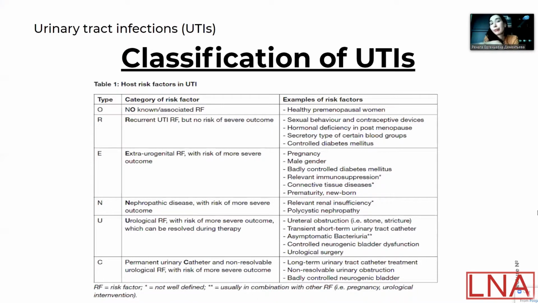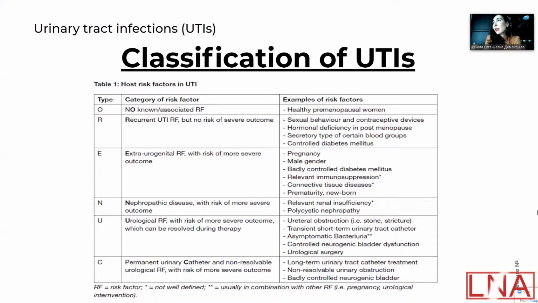premenopausal women. These are recurrent urinary tract infection risk factors, but not risk factors for severe outcomes of this infection. R: sexual behavior and contraceptive devices, hormonal deficiency in postmenopause, deficiency of estrogen in postmenopausal women, secretory type of certain blood groups, and controlled diabetes mellitus.